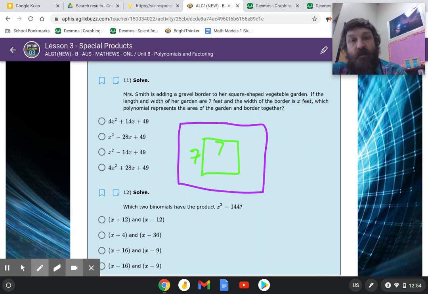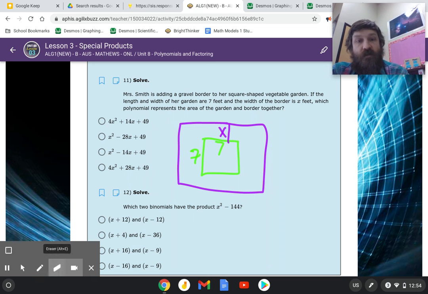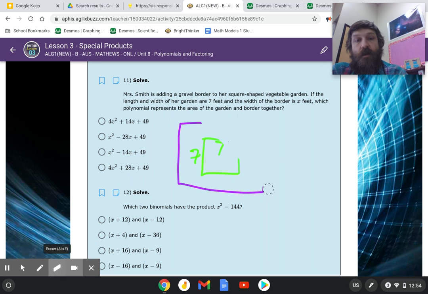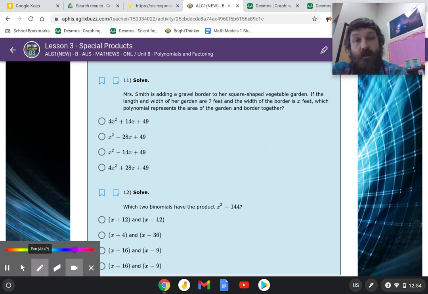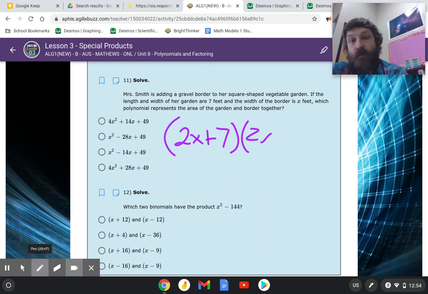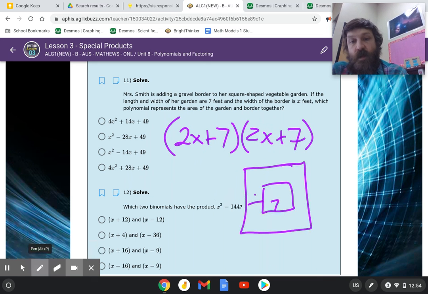And that border has a length of x. So in other words, the difference is going to be x plus 7 and x plus 7. Actually, it's going to be 2x plus 7 and 2x plus 7, because we're going to have 2 of the borders with 7 in between, x and x with 7 in between.